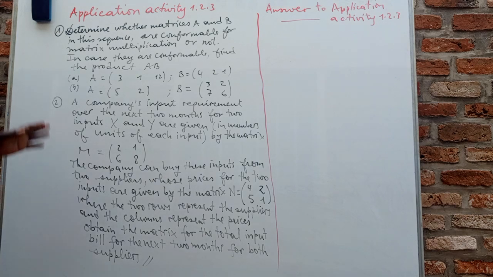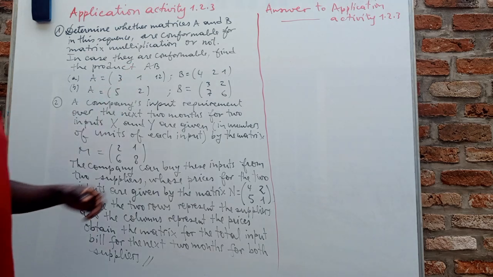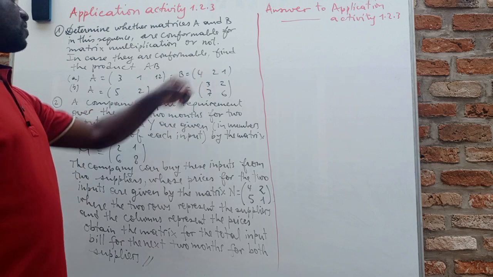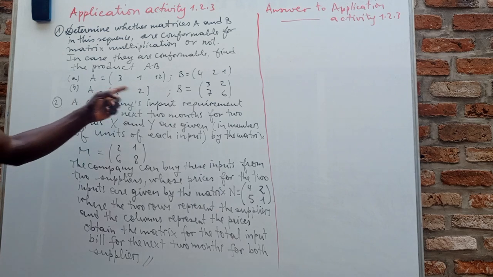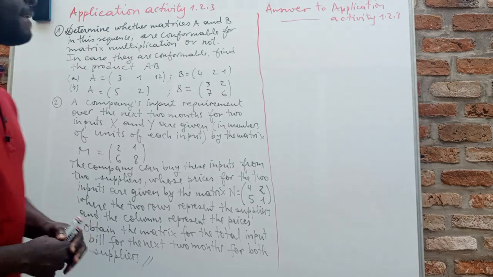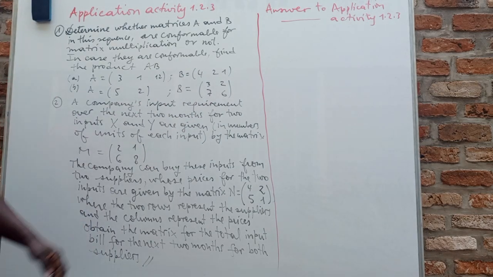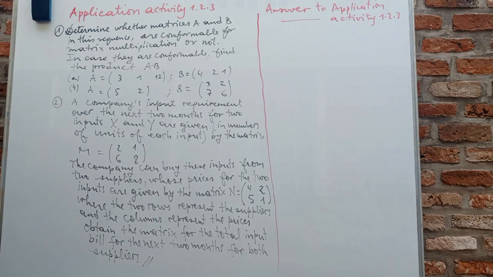First matrix A is equal to 3, 1, 12, and then B is equal to 4, 2, 1. Second one, subquestion B: A is a row matrix 5, 2 with first component 5, second 2. B is a 2 by 2 matrix with the first column 3, 7, second column 2, 6. Okay, that is question number 1.